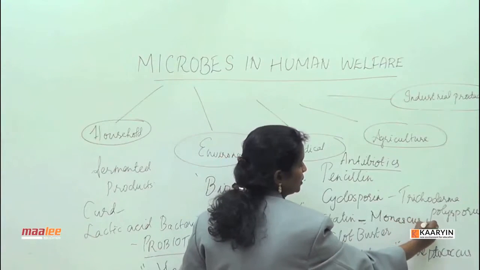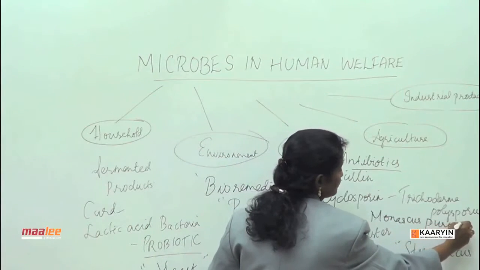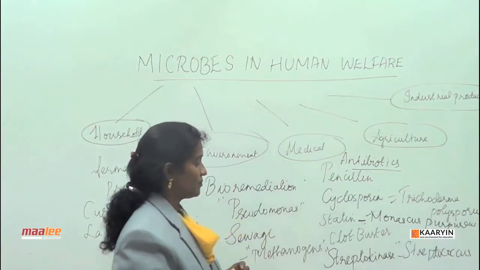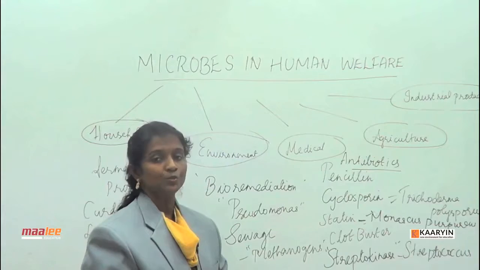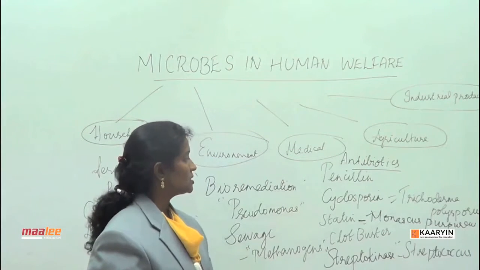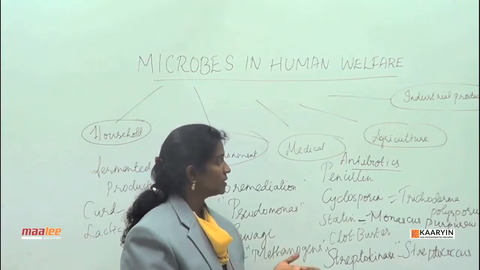This Monascus purpureus is also a fungus. So, this is a fungus, this is a fungus, and Streptococcus is where we get TPA, or tissue plasminogen activator.